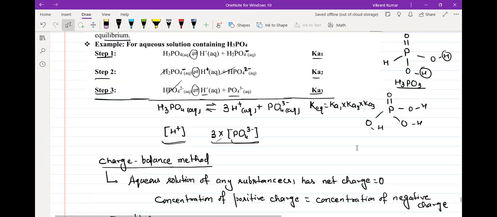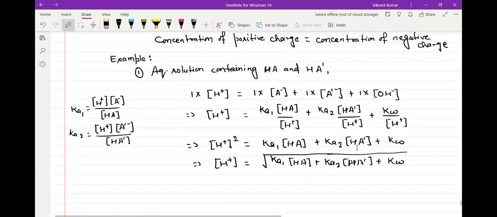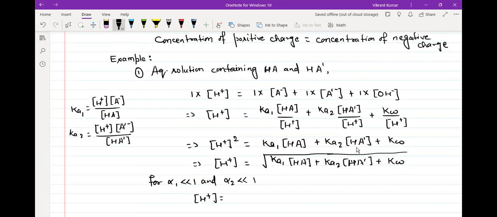And that's why for alpha 1 much less than 1 and alpha 2 much less than 1, we can write H plus will become under root Ka1 C1 plus Ka2 C2 plus Kw.